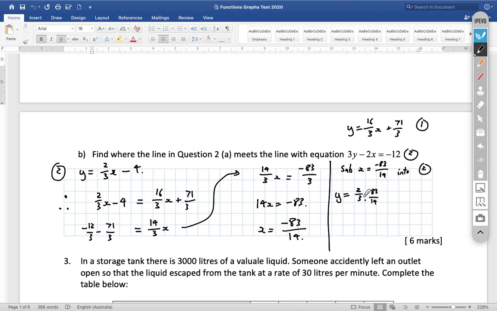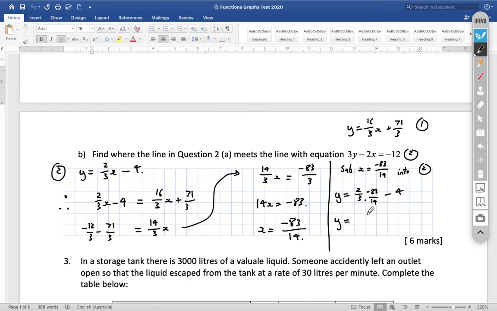We're going to end up being, what's 3 14s? 42. 42nds. Let's just write minus 4. I think this is probably something that you could do on your calculator to find this y value.